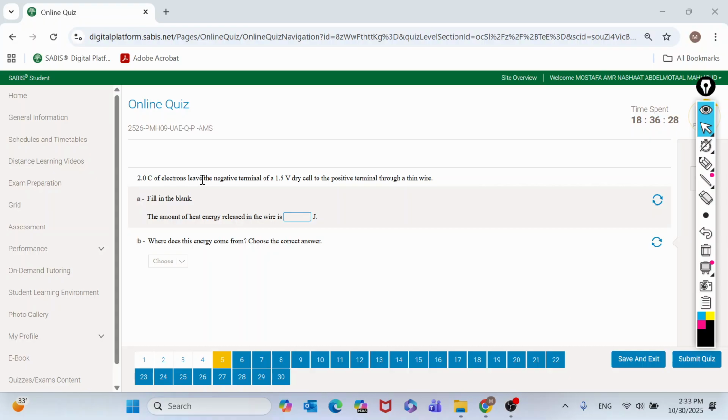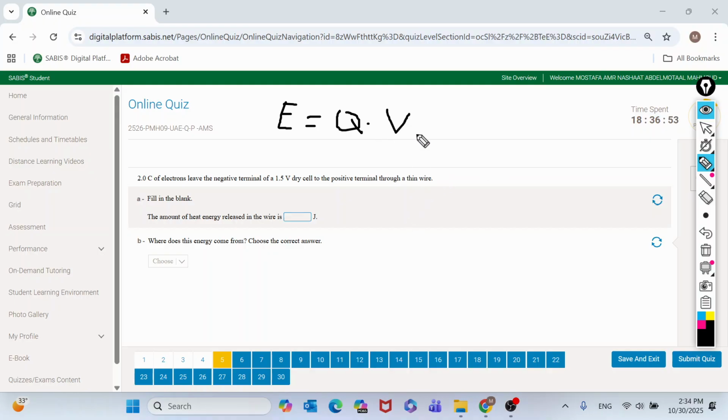Okay. Connect the negative terminal of a 1.5 volt dry cell to the positive terminal through a thin wire. What is the amount of heat energy released? So guys, energy is coulombs times the volts.